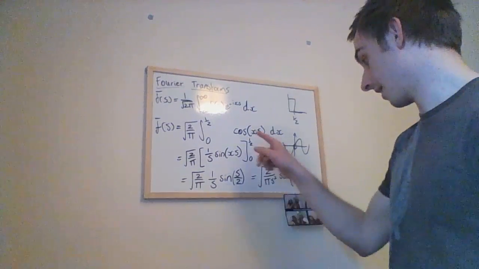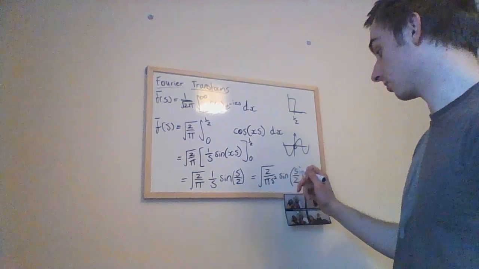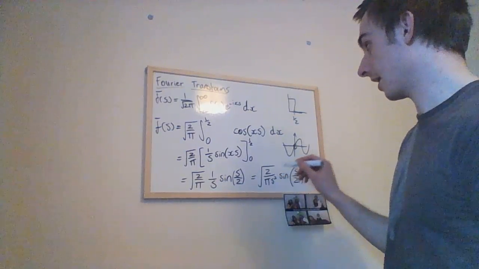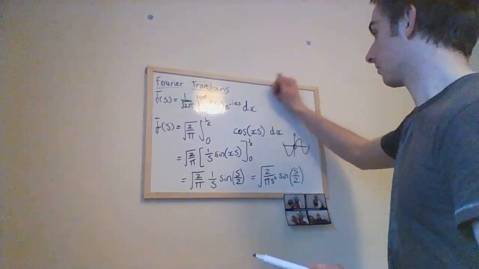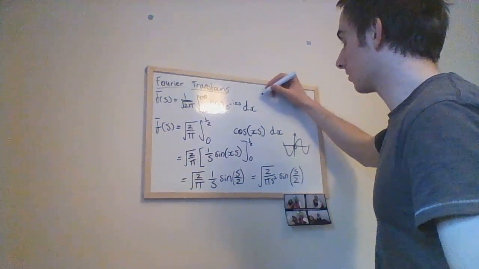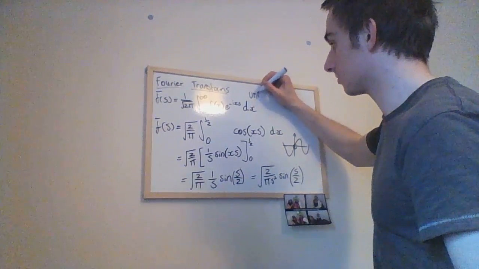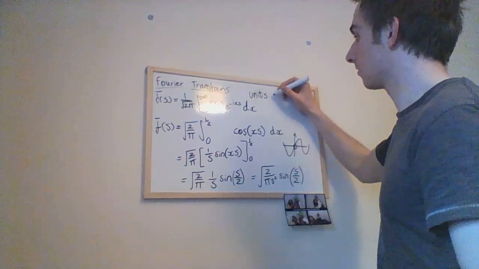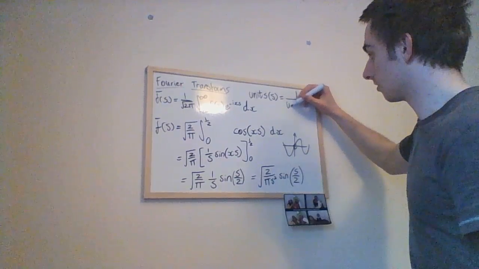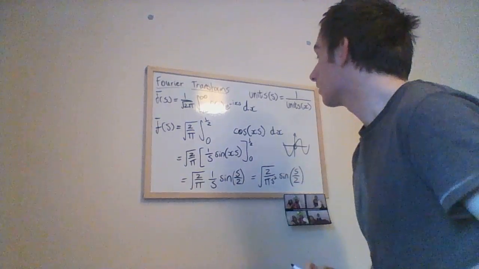Now we see that the x term has completely disappeared here. We're not looking at that anymore. We're looking at now the conjugate of that, which is s. So if we were to think about that slightly more physically, the units of s equal the inverse of the units of x, and vice versa.